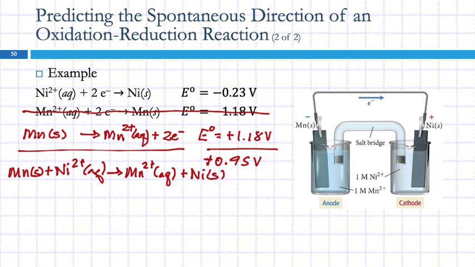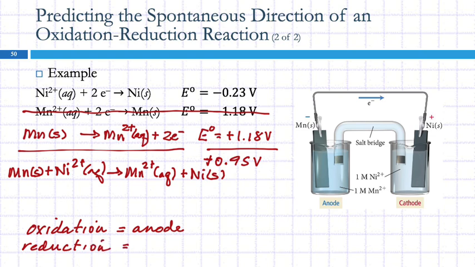How do we identify which one's at the anode if we're supposed to be drawing a picture of this? Oxidation occurs at the anode. They both start with vowels. Reduction happens at the cathode. Red cat.